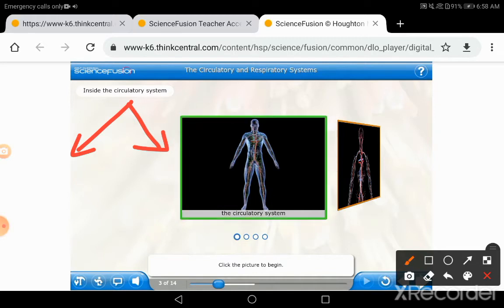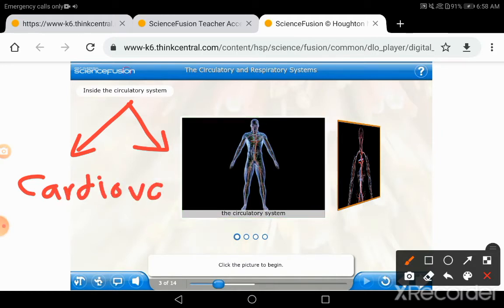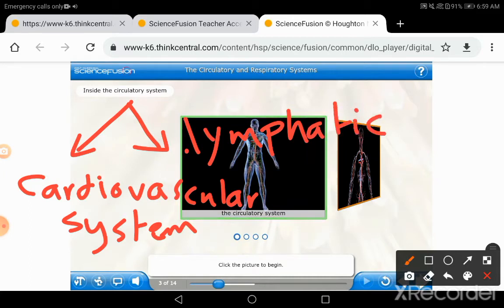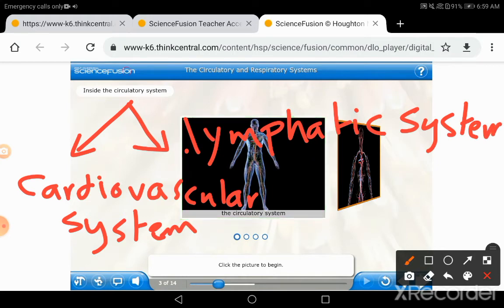So the circulatory system includes the cardiovascular system and the lymphatic system.